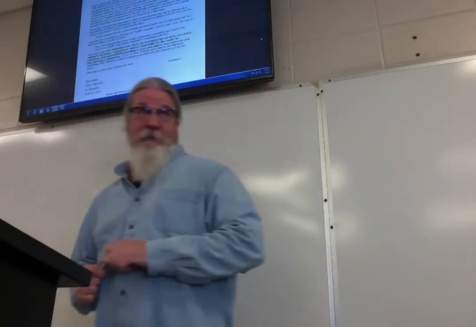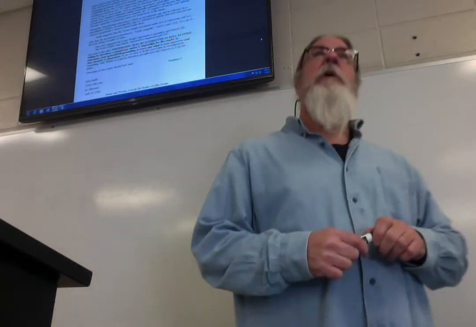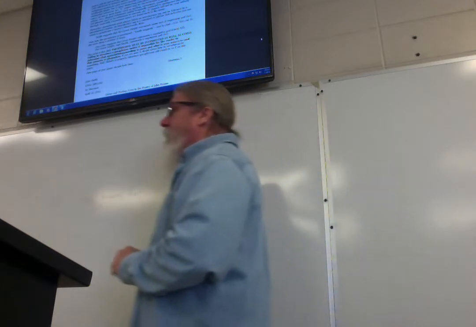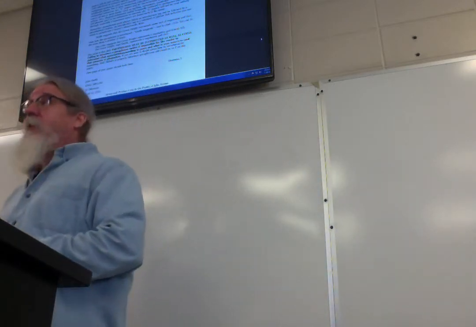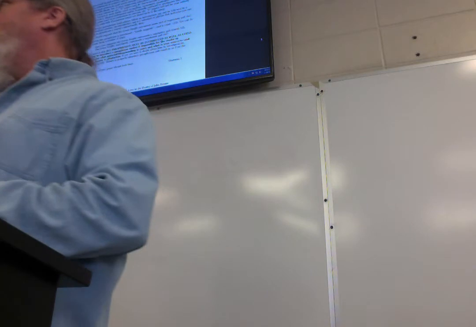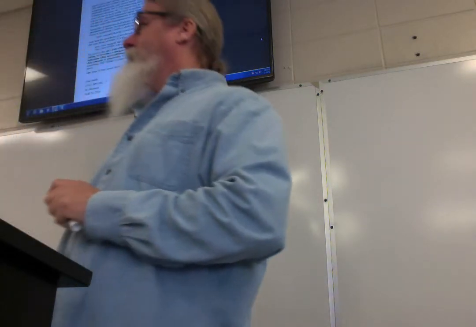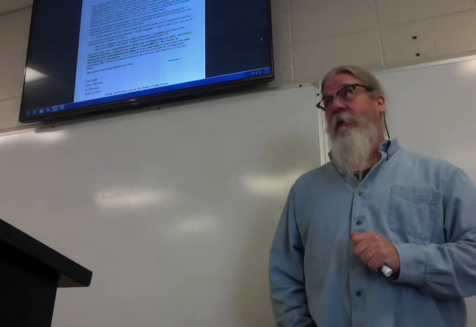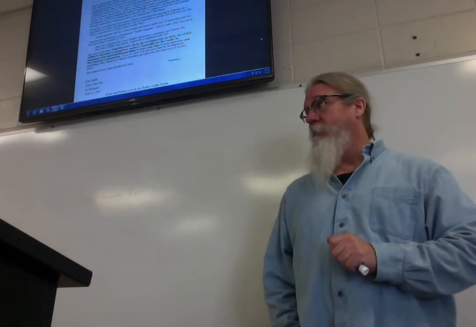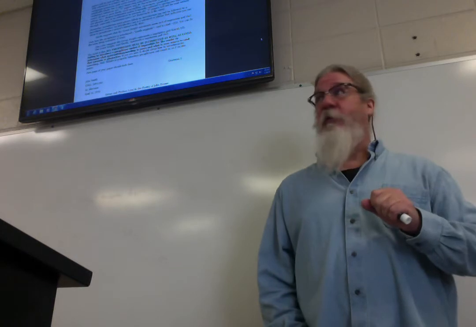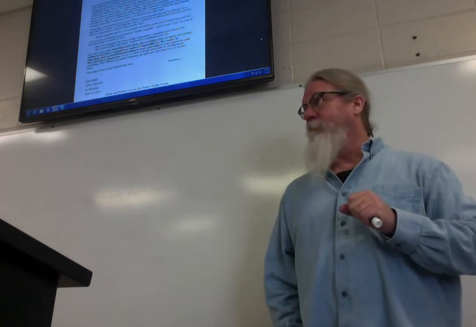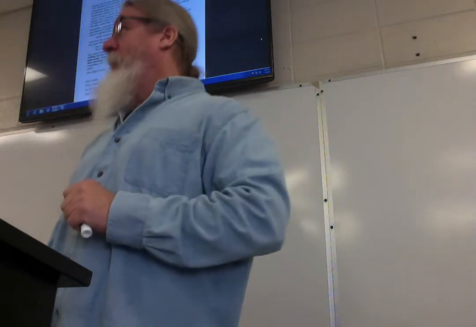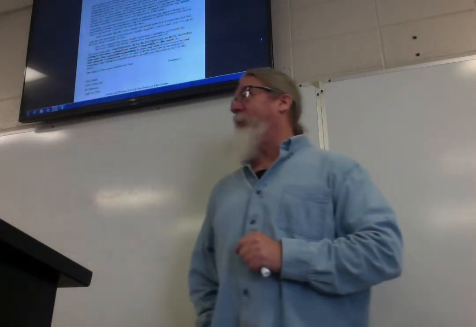55 BC. What is that date? That's the date Caesar, Julius Caesar, annexes Britannia. Doesn't have anybody there, but it's annexed. Part of the Roman Empire, even though there are no Romans there. You can imagine what the Celts at that time probably thought of that.